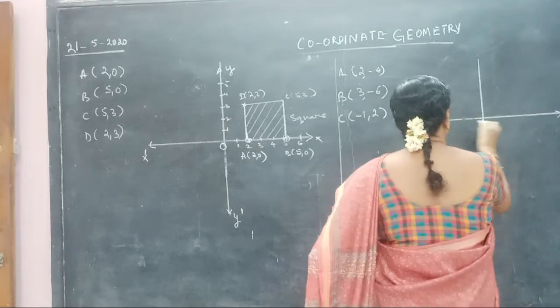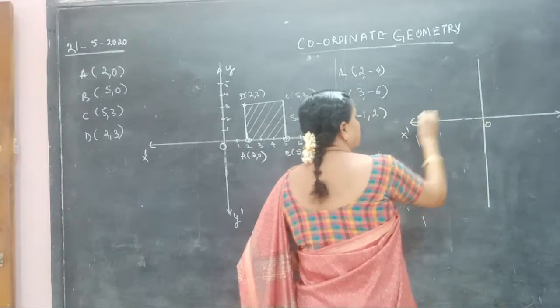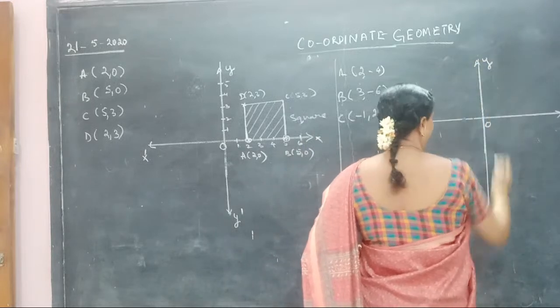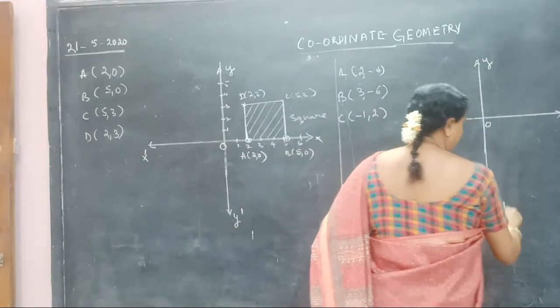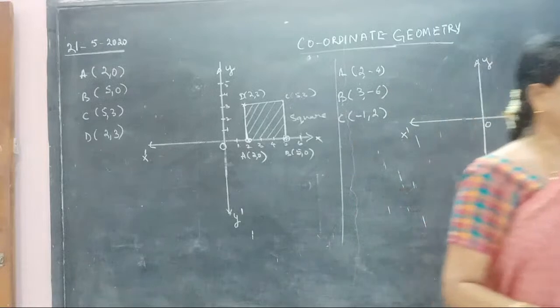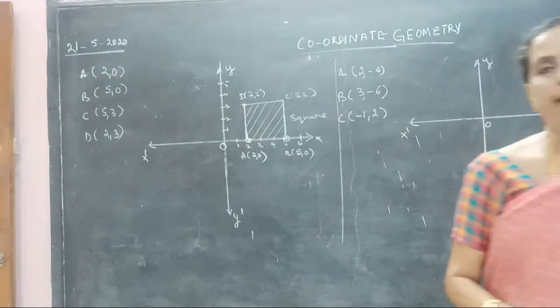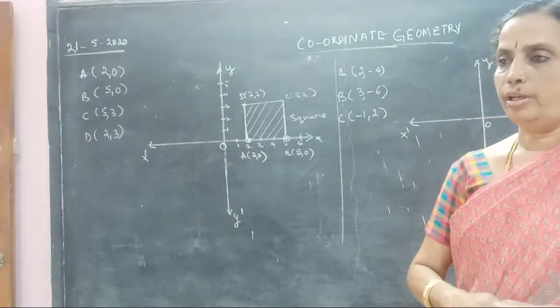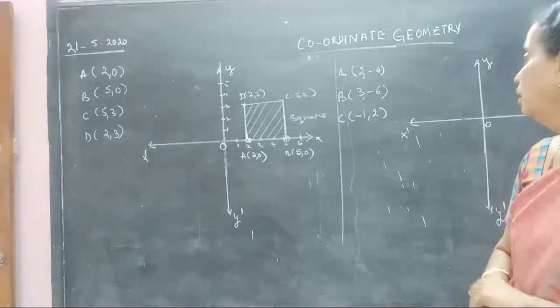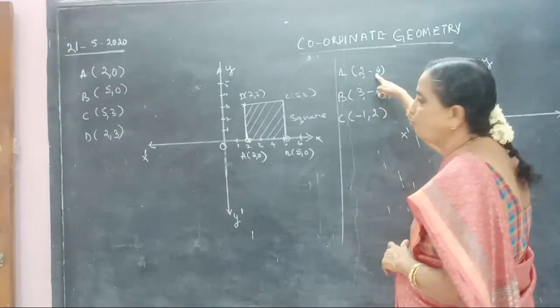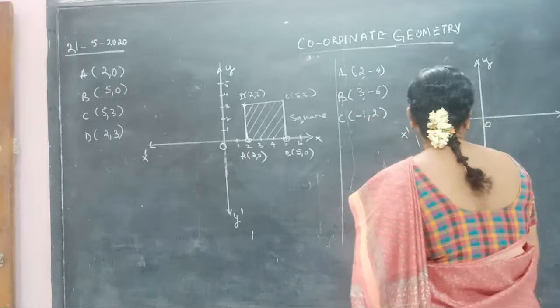X, as usual, name the axis, Y, O, Y dash. Before plotting, check how many points you have to extend, both horizontally and vertically. The maximum is -4 along the y axis.